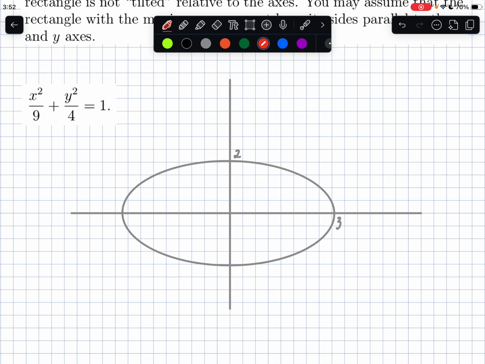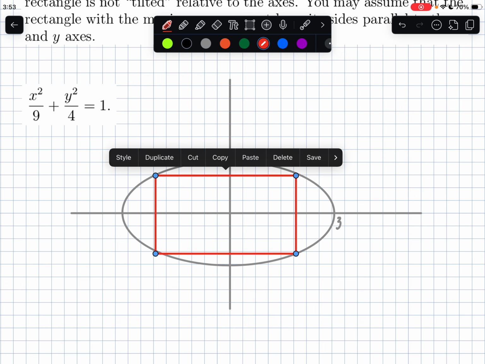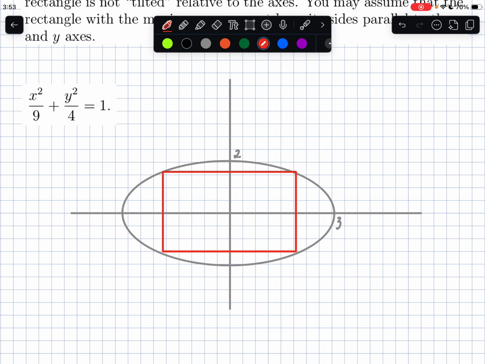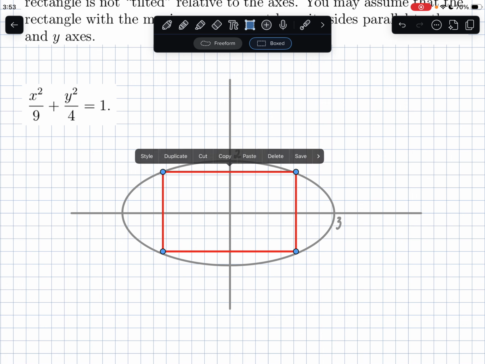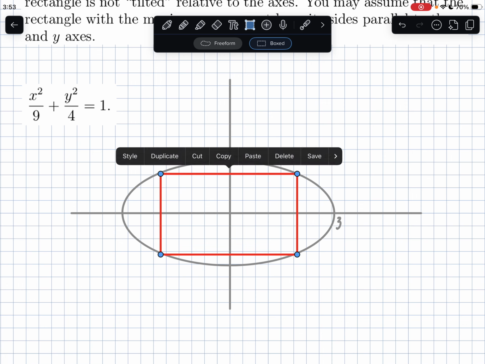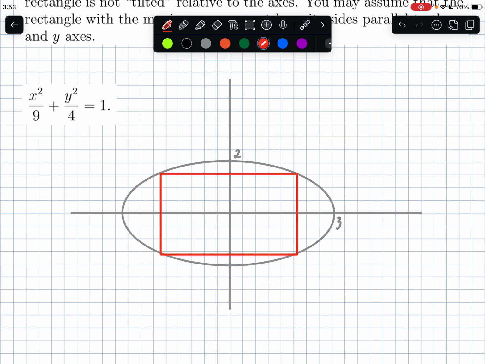And we have a rectangle. Now we compute the area of this rectangle. So for this question, you may assume that they are parallel to the x and the y-axis.